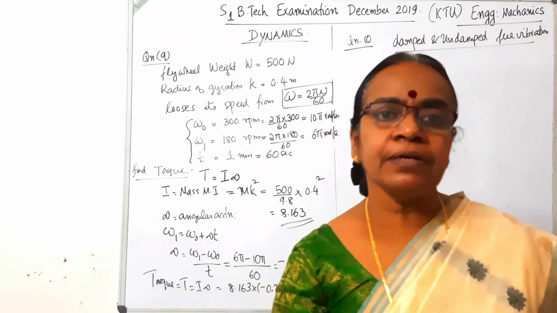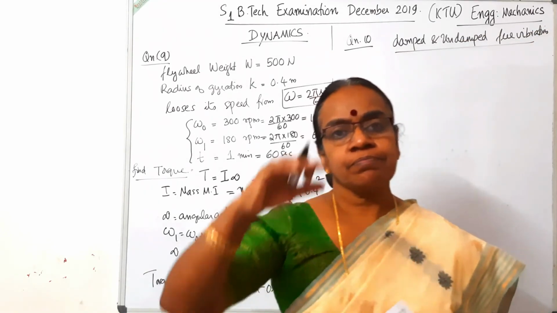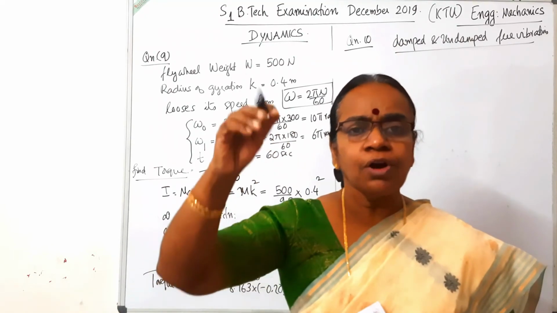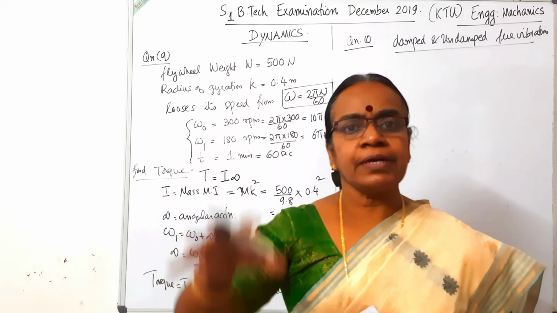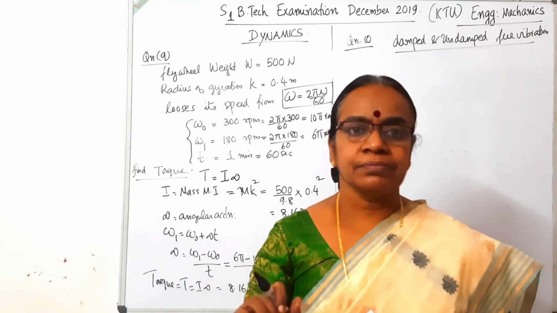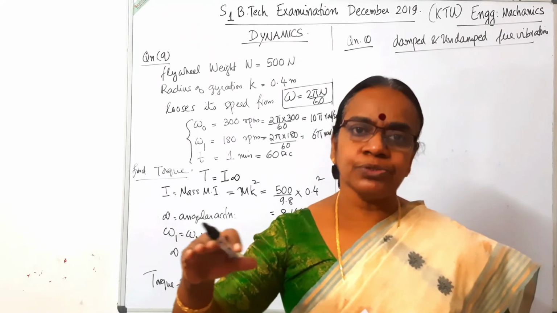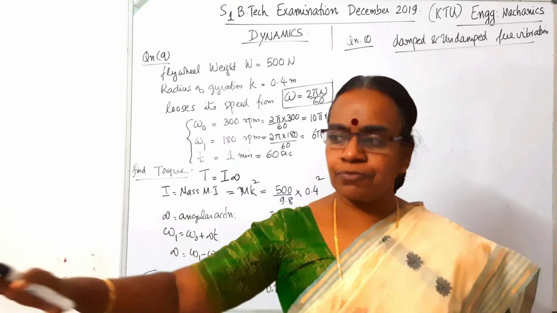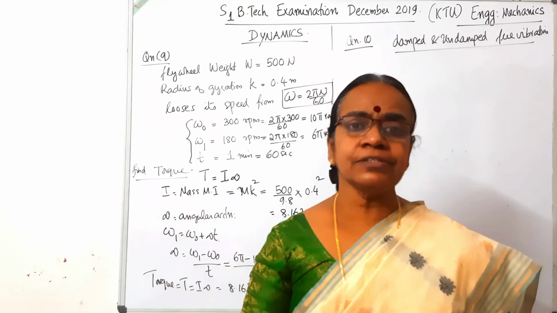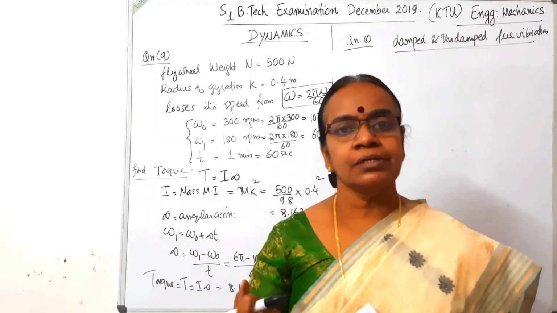So what is damping? When your body is set to vibrating motion, it will not vibrate over the entire time with the same amplitude. As time goes on, the amplitude reduces and finally it comes to a stop. So that property or the resistance to vibration is called damping.